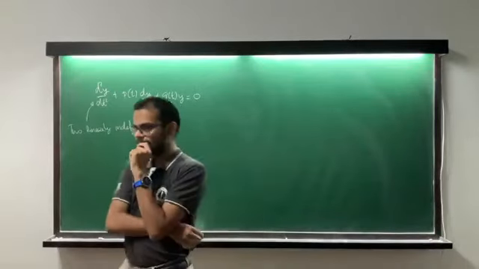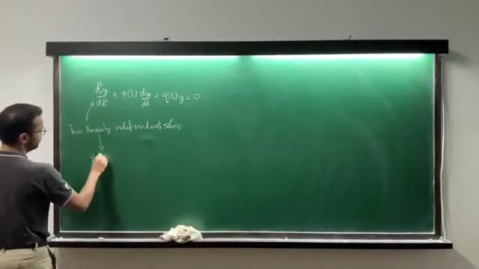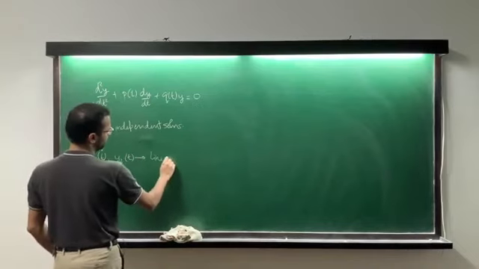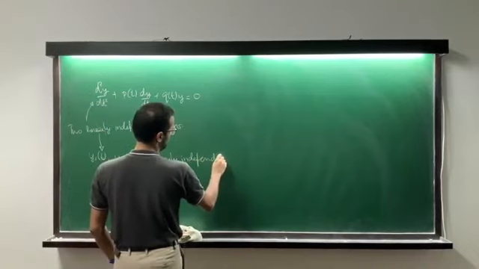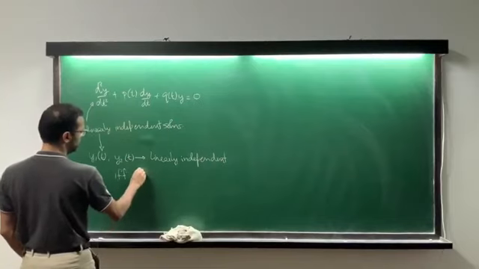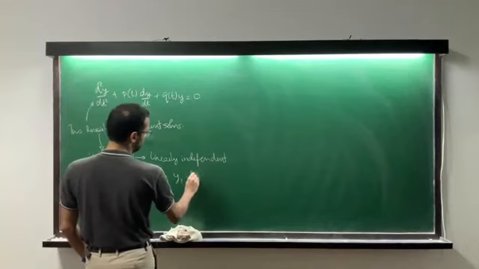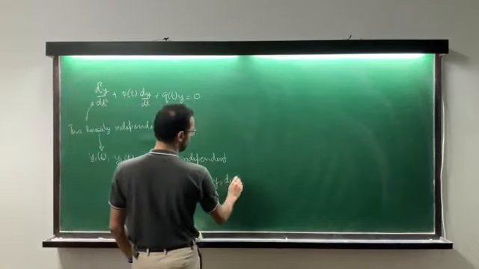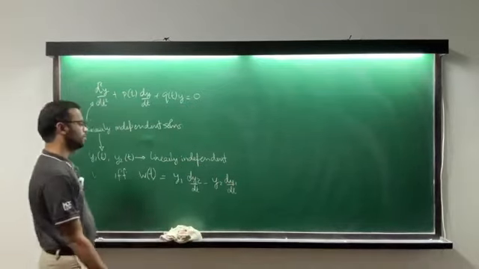Okay, it means the following. If you have y1 of t and y2 of t, these are linearly independent if and only if this function w of t, which is y1 dy2/dt minus y2 dy1/dt, is non-zero.